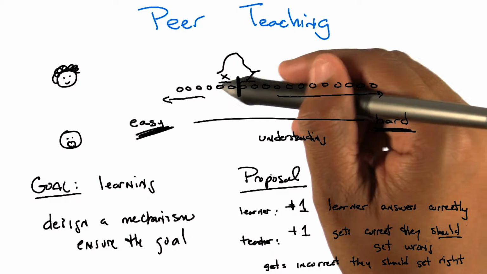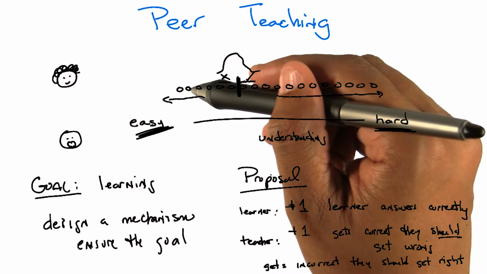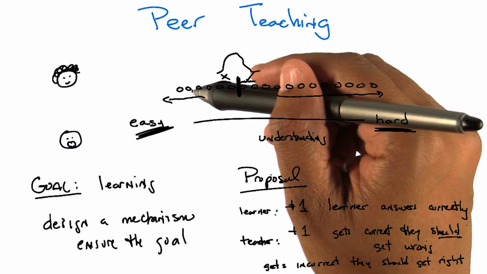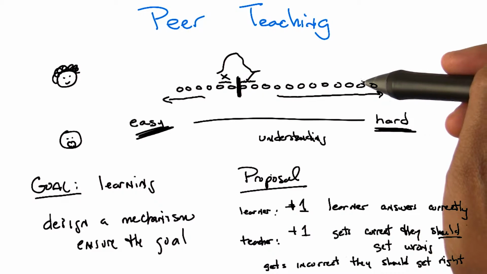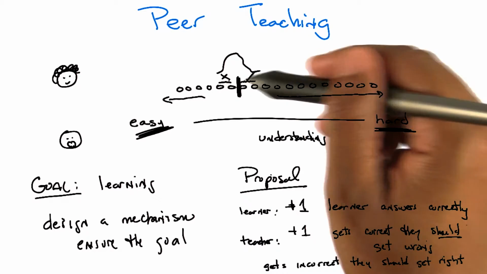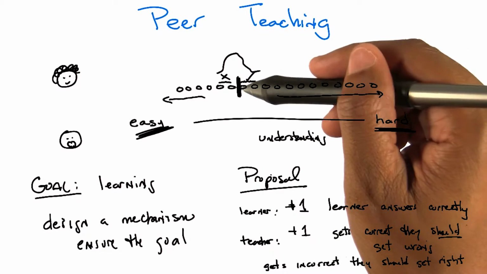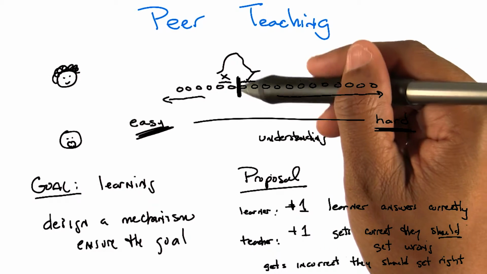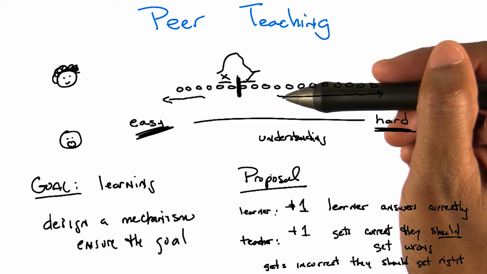If I move this line too far to one side, I only get points for one side of the bar. If I move it all the way over to the right, I only get points for the other side. I want to get points for both sides, and that only happens if I can identify roughly where your level of understanding actually is.